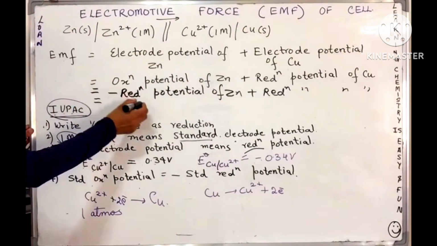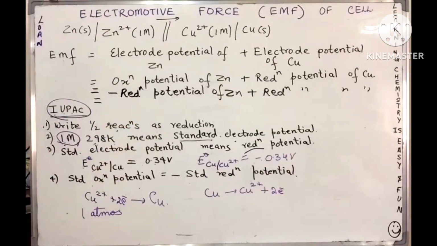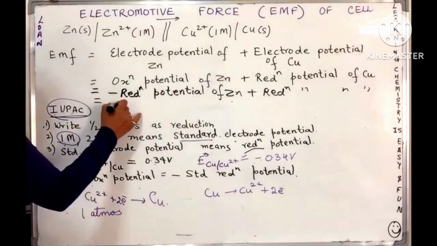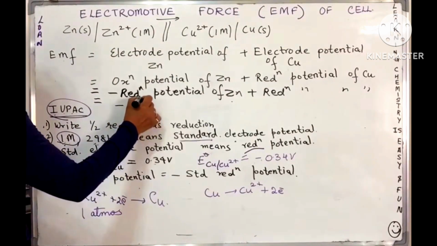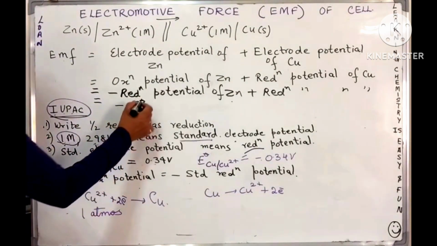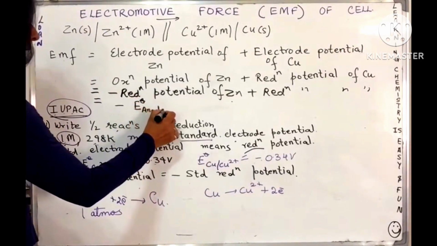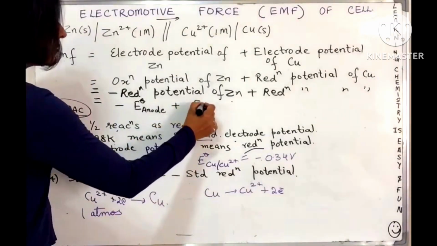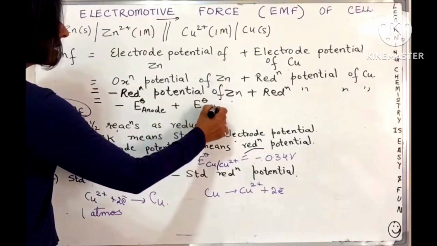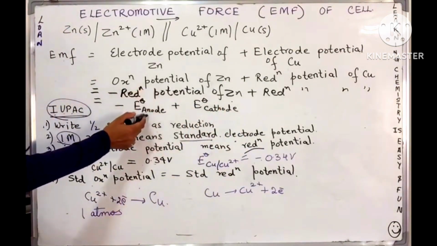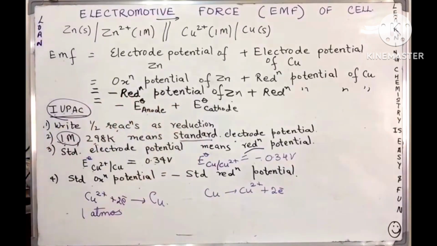Now, reduction potential of zinc means the standard electrode potential, and my zinc is acting as the anode. Perfect. So I can also write it as E naught of the anode plus E naught of the cathode, because here zinc is acting as the anode and copper is acting as the cathode, right?